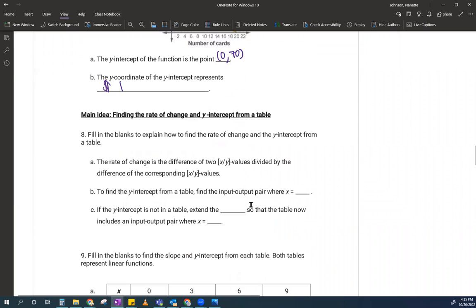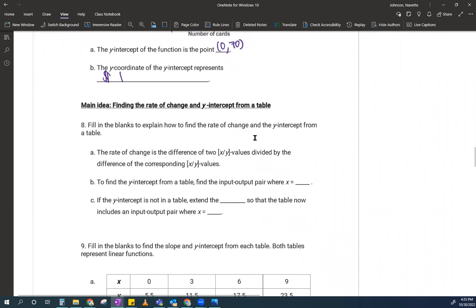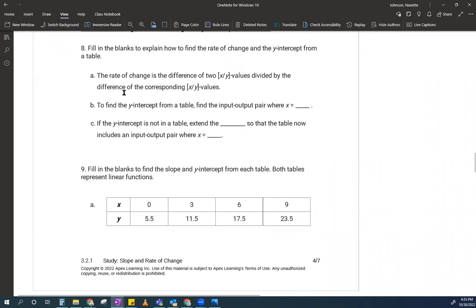Okay, last little part here. Fill in the blanks to find out how to find the rate of change and y-intercept from a table. So the rate of change is the difference between the two y values divided by the x values. They said that earlier in a different way: the outputs divided by the inputs. I say rise over run. They just want you to know all the different ways that you can find it.